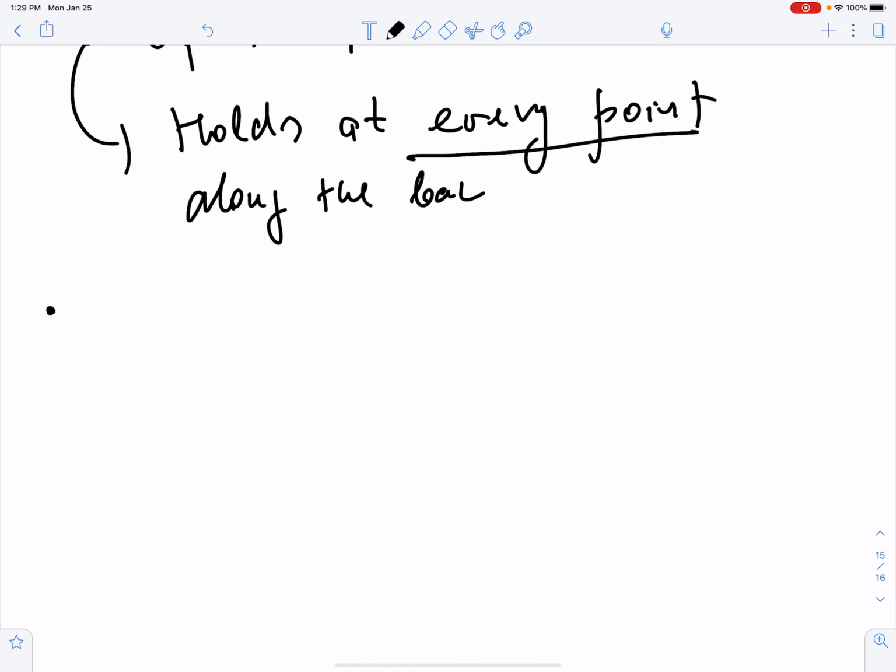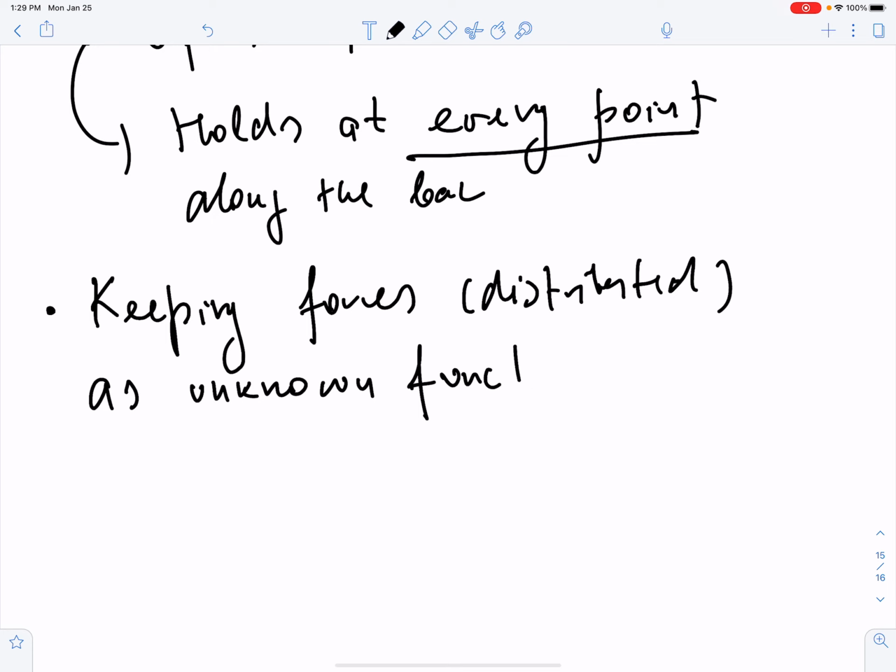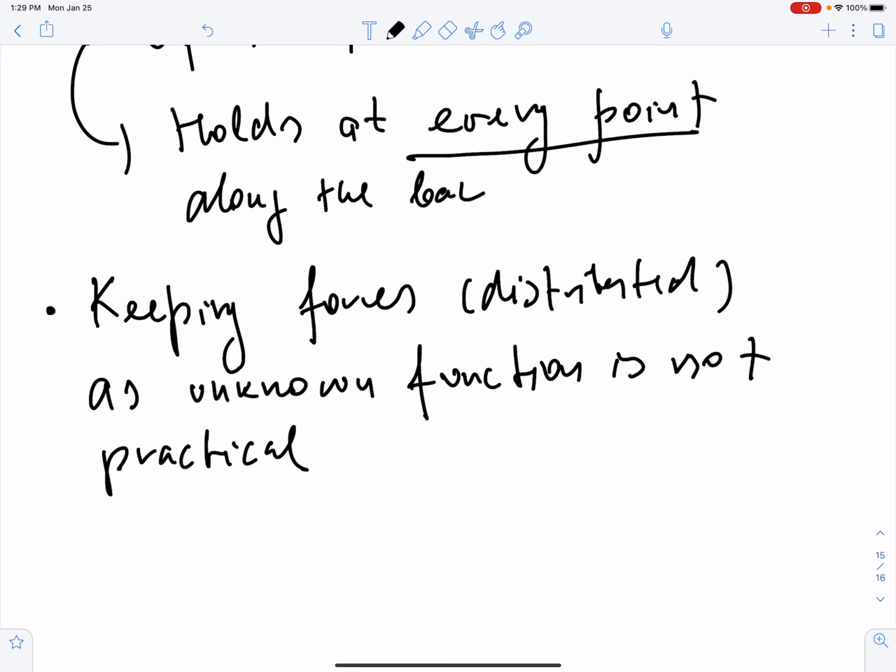So keeping distributed forces as unknowns, as an unknown function, is not practical. So it boils down to basically boundary conditions.